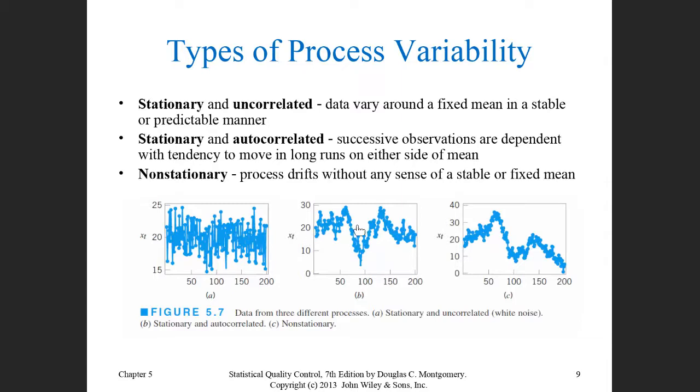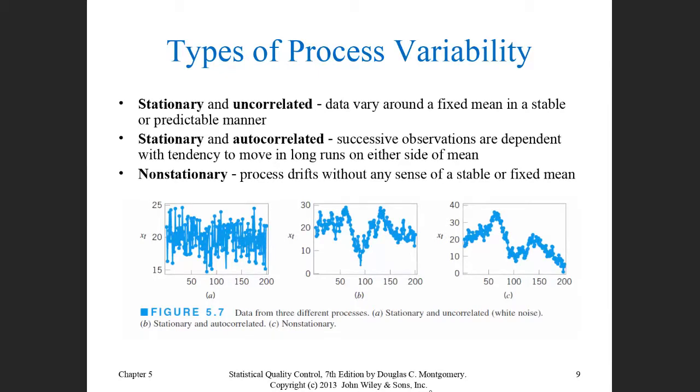Here, either up or down. But here it can go up and then increase up, and also it can go down and increase down and do some cycles below the mean. So those are the types of process variability.